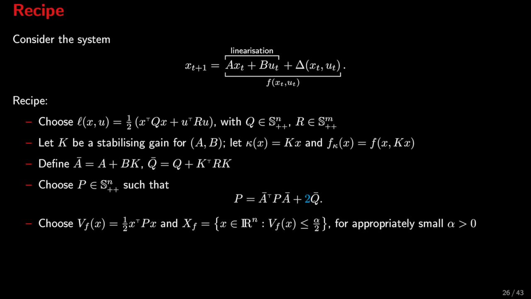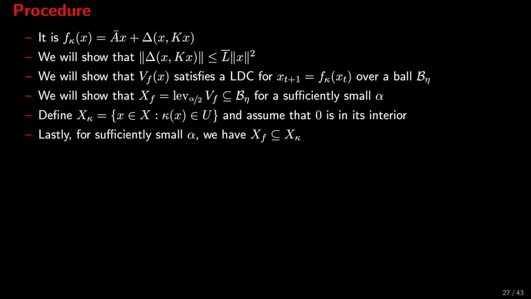Now the procedure we will follow to determine alpha and also to prove that this choice of V_F and X_F is a viable one, a choice that can lead to the satisfaction of the stabilizing terminal conditions for MPC, is the following.